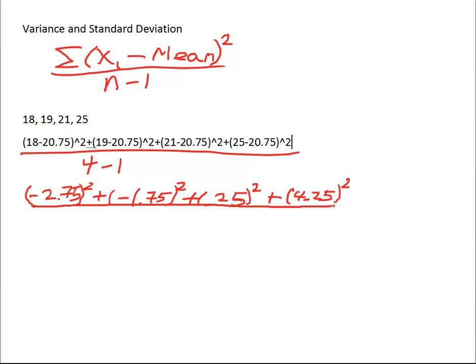Now we divide all those by 3. 4 minus 1 hopefully is 3. Now we're going to square the terms.